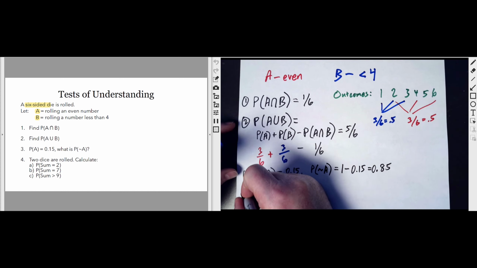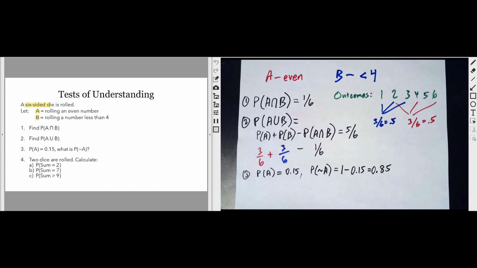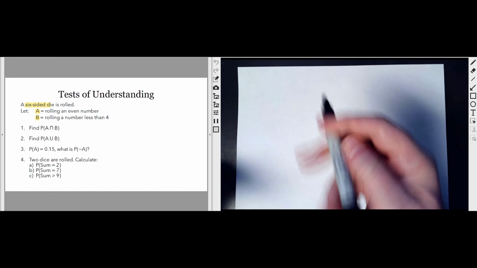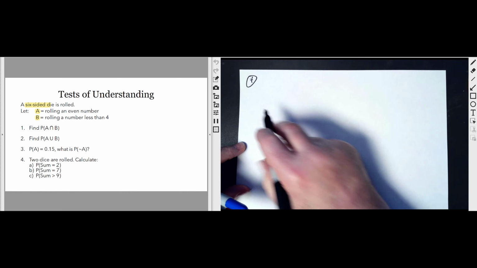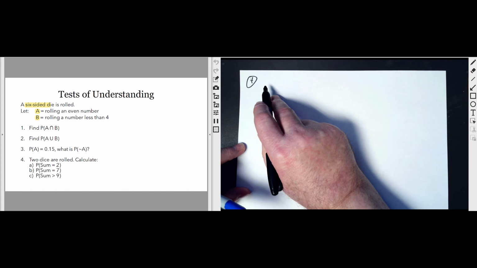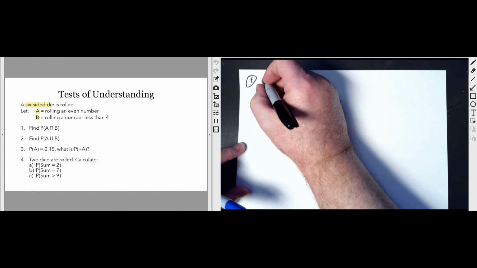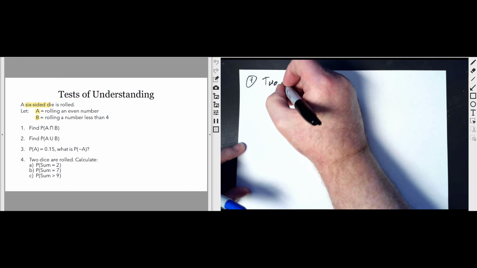And then we have, finally, and now I think I'm going to pull up a different sheet of paper. I'm running out of room. Finally, we have, what if we're rolling 2 dice? Then, okay, so 2 dice.